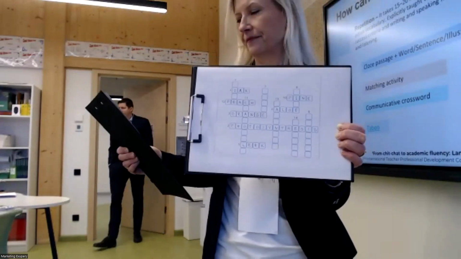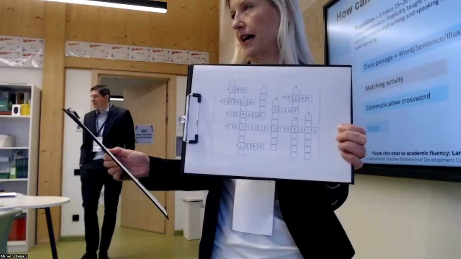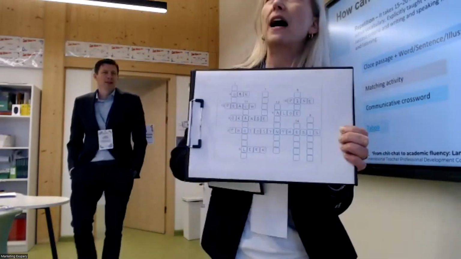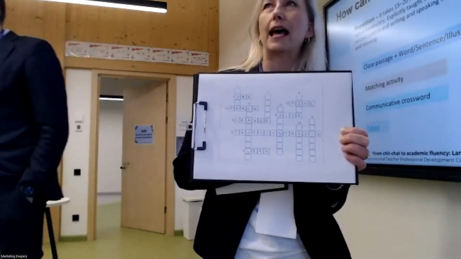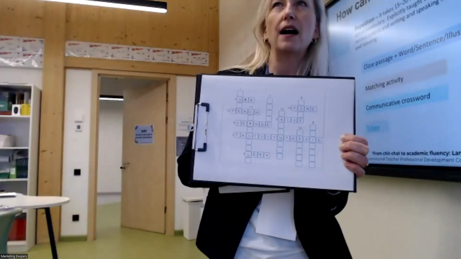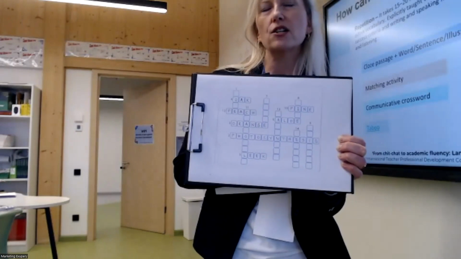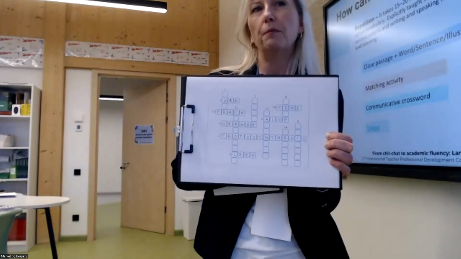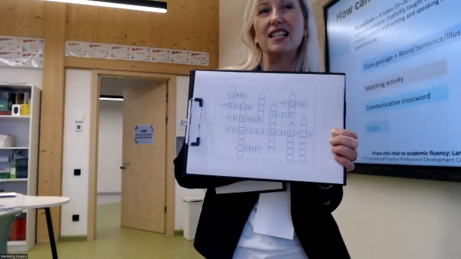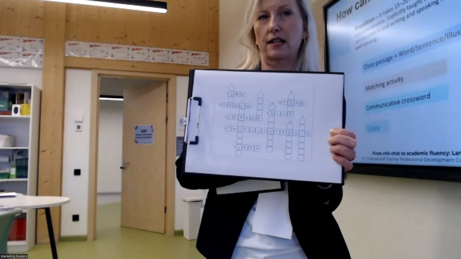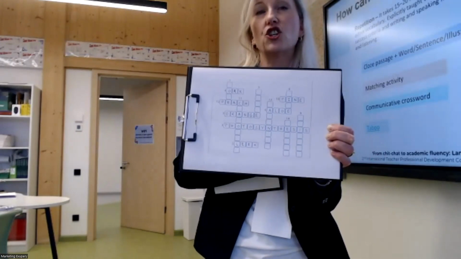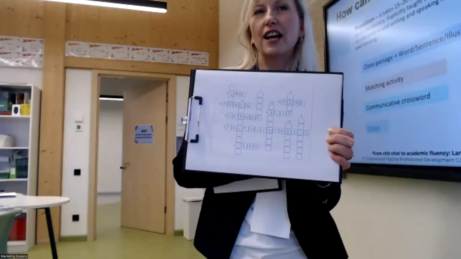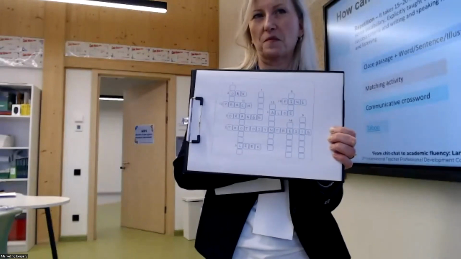I'll say 14 down. This is a part of the plant. It is the part that makes food for the plant. They come in different sizes. They change color in autumn.